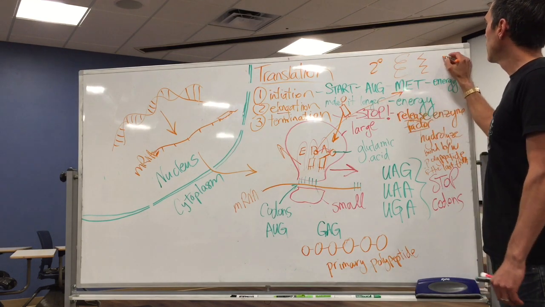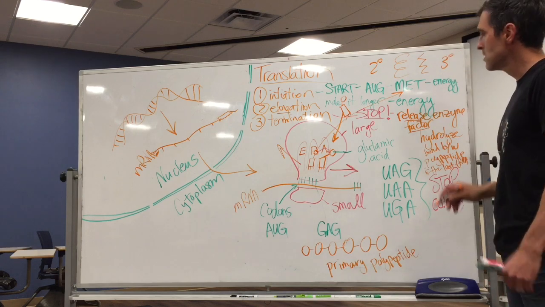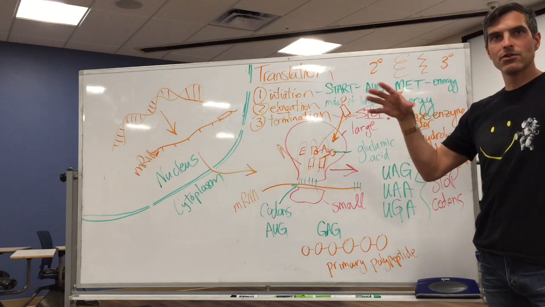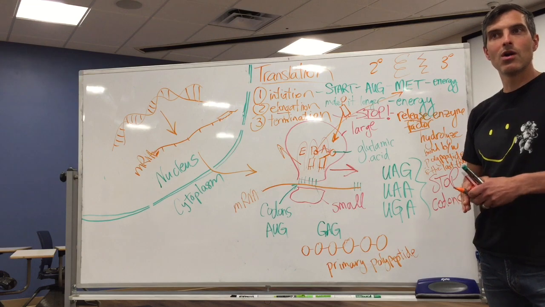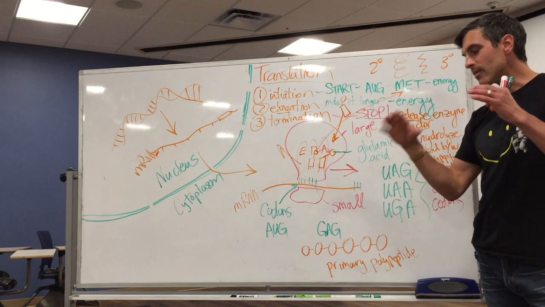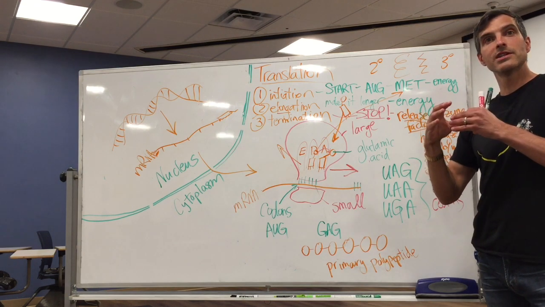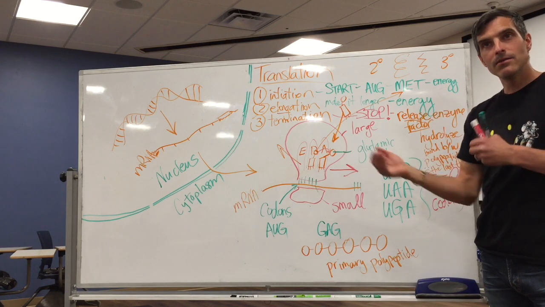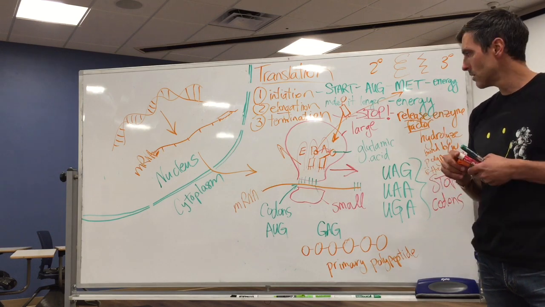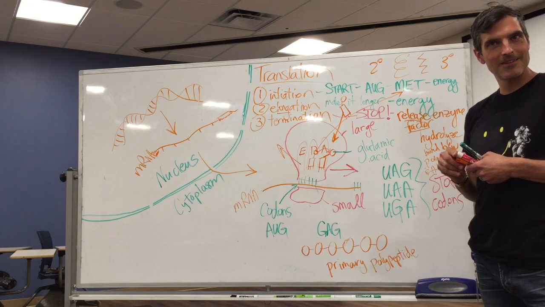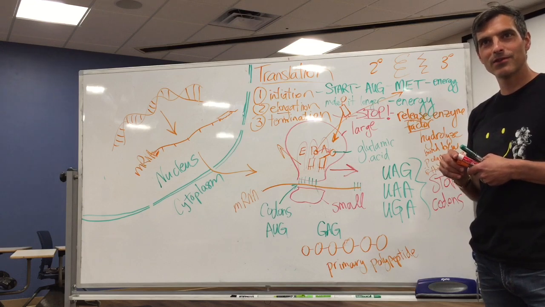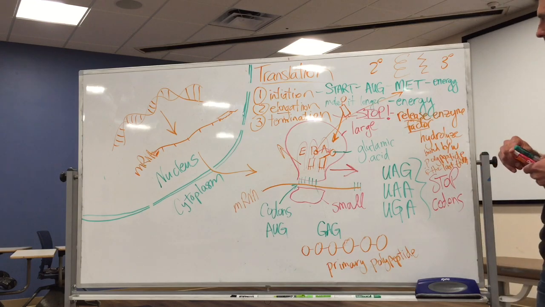Some will go on to the tertiary structure, which is more three-dimensional. And then some will go on to the quaternary, which is 2 or more tertiaries bonding together, like hemoglobin, for instance. There's not enough space to get it all in there.